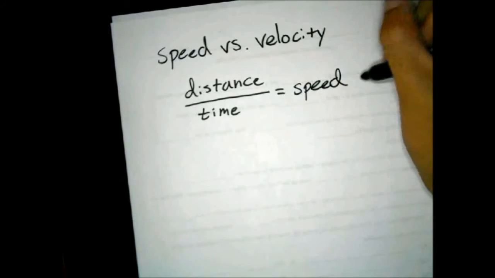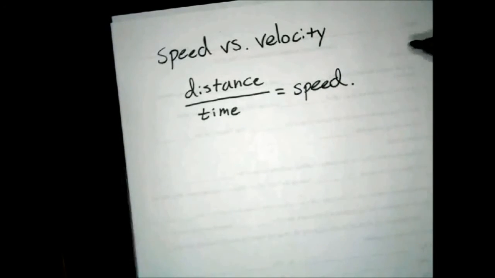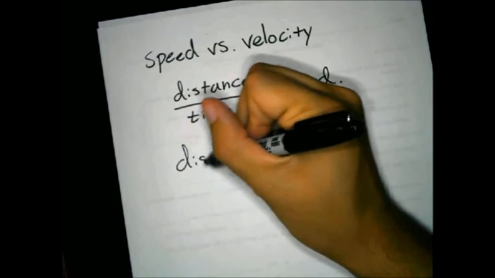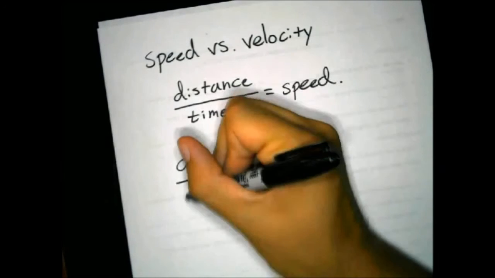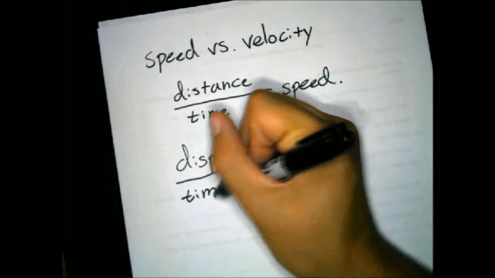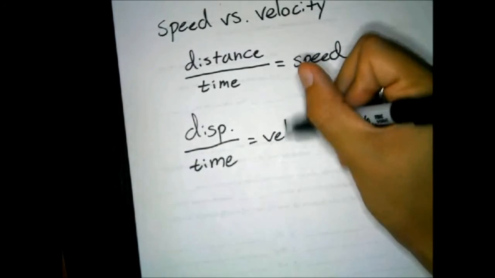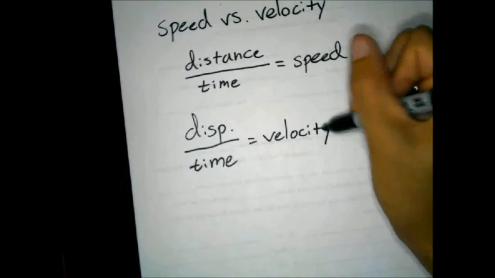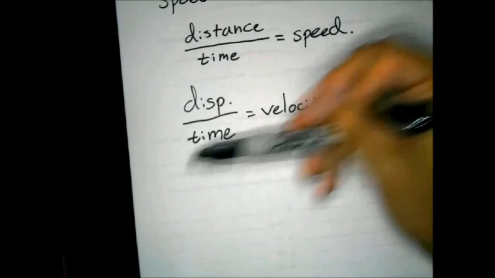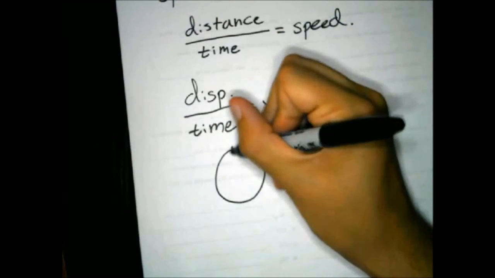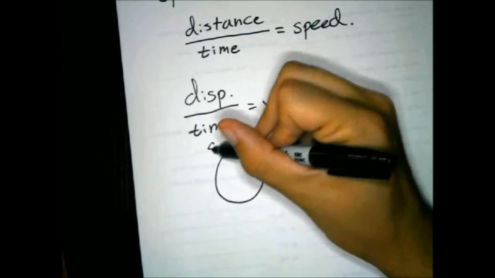But let's say I run around a track. So I have displacement over time. Well, if I run around a track, I'm going to start and stop at the same exact point. Start, and end.